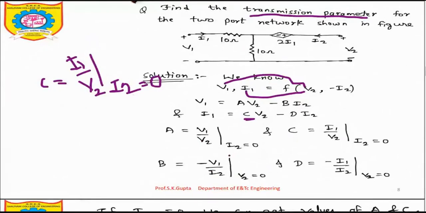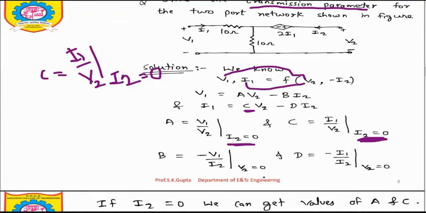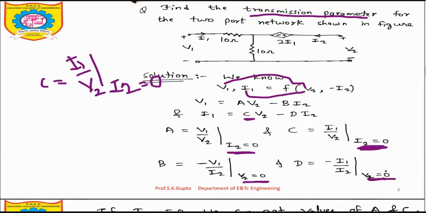When I am finding A and C, what condition am I using? I2 equal to 0. And when finding B and D, which condition am I using? V2 equal to 0. Now one key concept for you. Suppose I have made I2 equal to 0 and I got some relationship between I1 and V1.